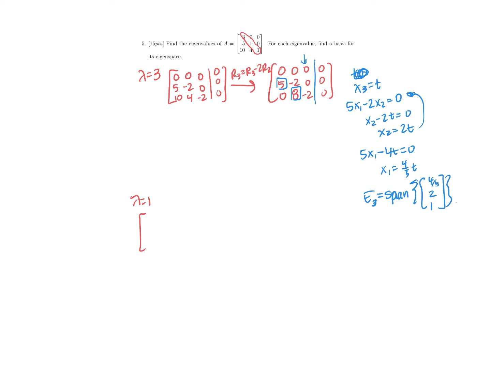So I get 3 minus 1 is 2, 0, 0. And then I have 5, 1 minus 1 is 0. And then 10, 4, 0. Okay, and so I can go ahead and clear out the 5 and the 10.